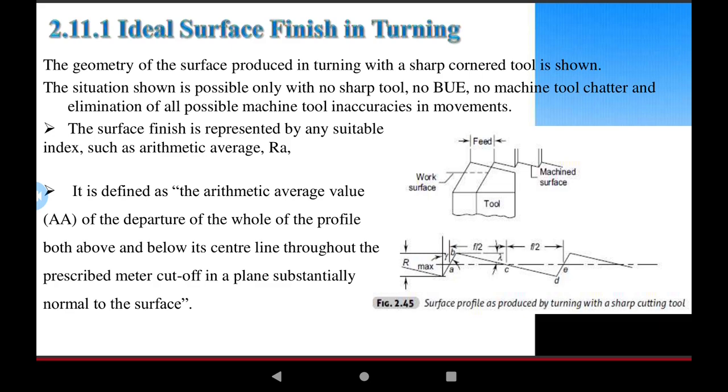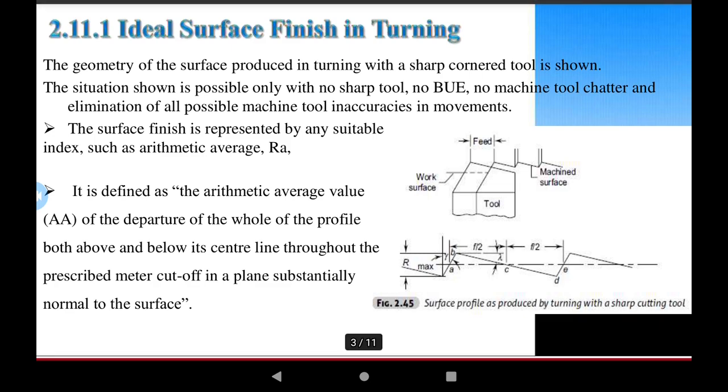Rt is defined as the value of the profile of the workpiece, and the depth of cut and the formation of the chip matter. A thin chip gives a very smooth surface of the workpiece.